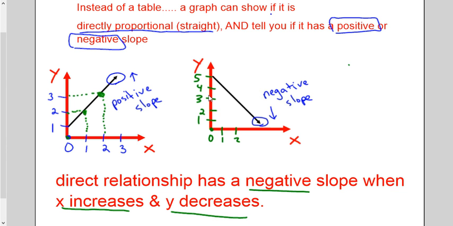Now, when x is 0 on this graph, my y value is not 0. My y value is actually 5. Okay, so that's our starting point. Now, when our x goes to 1, our y value goes down to 4. So our x is increasing, but our y value went down 1.